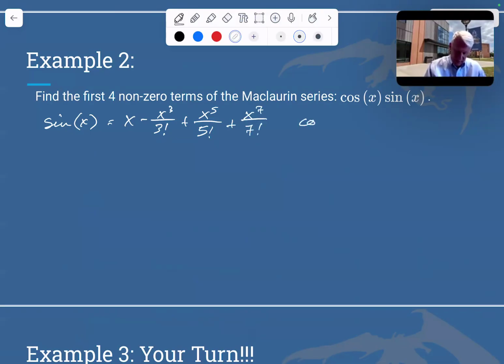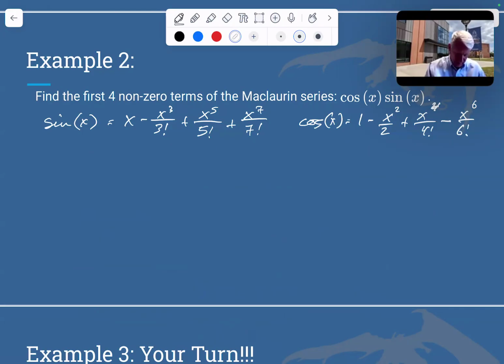And we also know that cosine of x is going to be 1 minus x squared over 2 factorial plus x to the fourth over 4 factorial minus x to the 6 over 6 factorial.